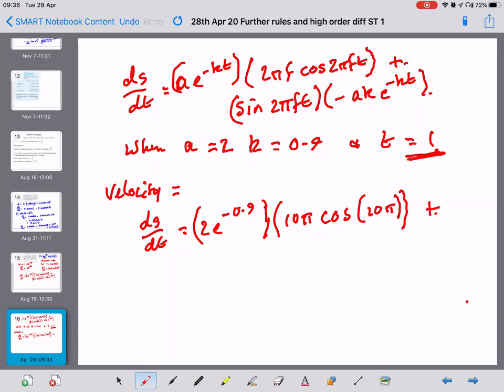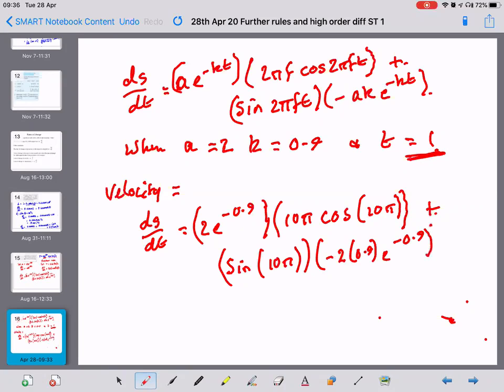Plus sine 10 pi. So all multiplied by 1. Times minus a, which is 2, times k, which is 0.9, e to the minus 0.9.